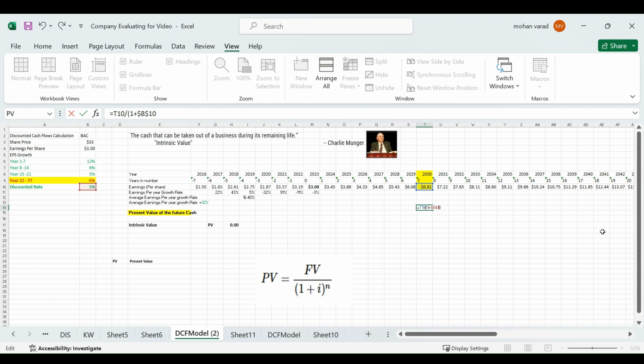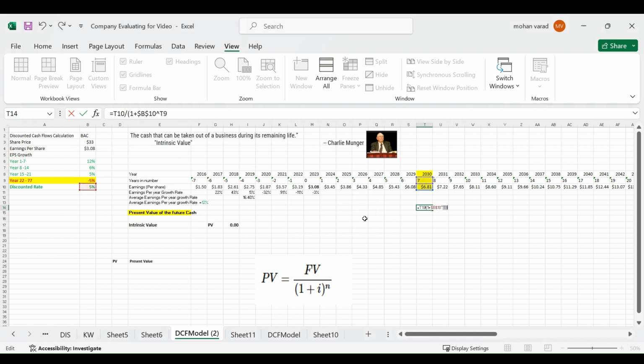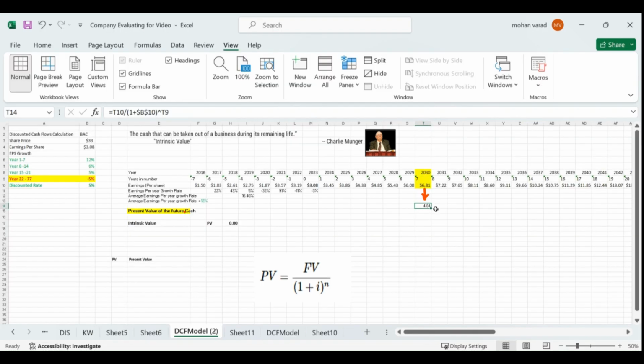I'm locking it with $B$10, and to the power of the number of years, which is 7. So let's put the closing bracket here, to the power of T9, which is the number of years, 7. Now that came to $4.84.